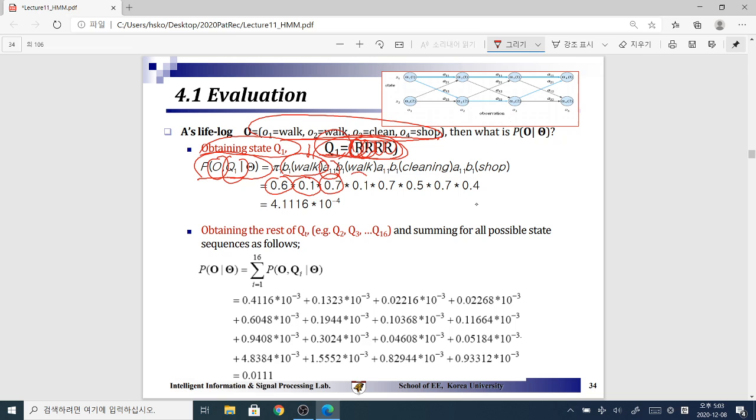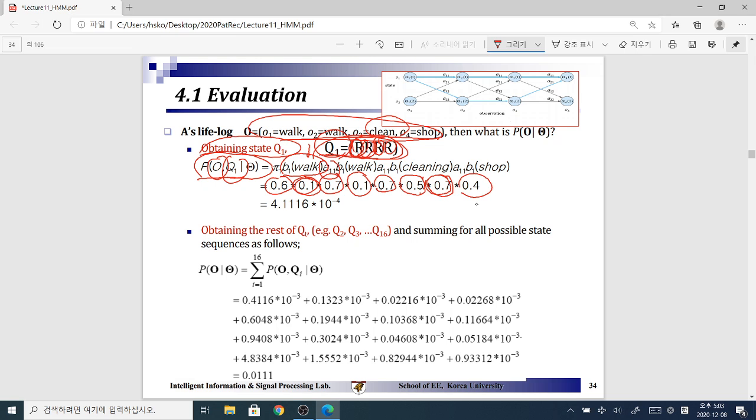Once again, the probability for walk, just like before, is 0.1, and once again the transition is 0.7. Then the third day is clean. In that case, the probability of clean under rain is 0.5. Then we have, once again, rain to rain, so the transition is 0.7.